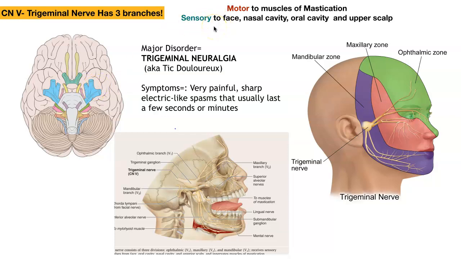It has both. Motor to the muscles of mastication. These are the muscles that you use when you're chewing food. And it's sensory to the face, nasal and oral cavities, and the upper scalp.